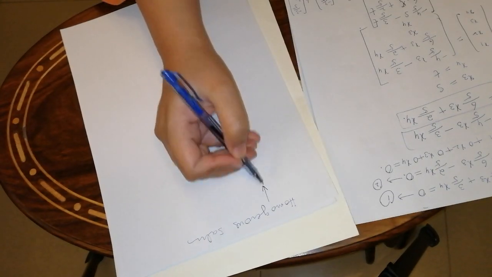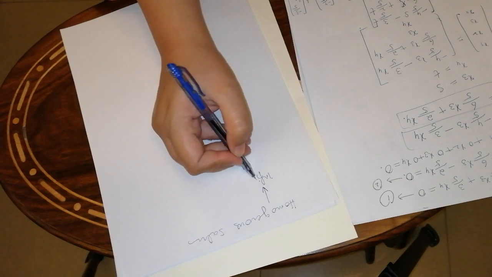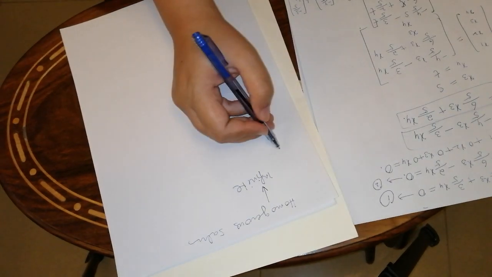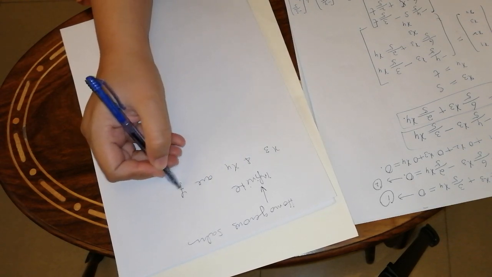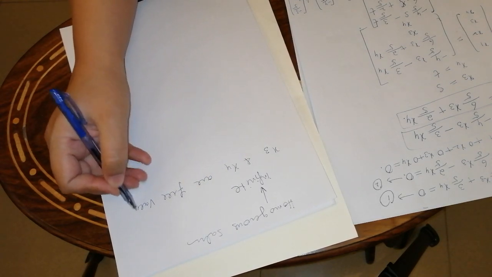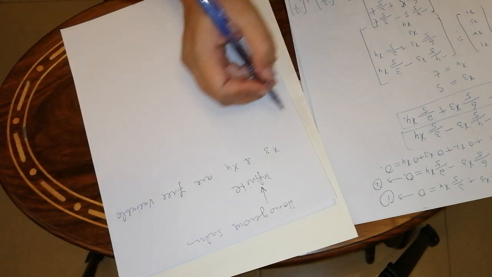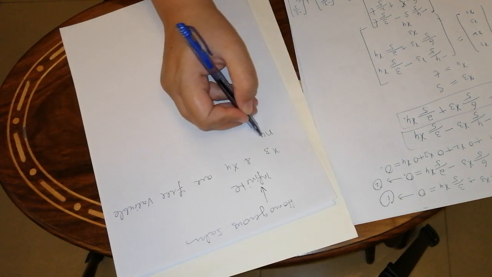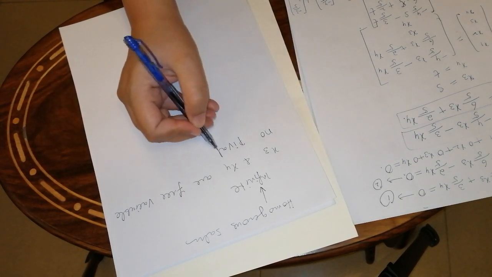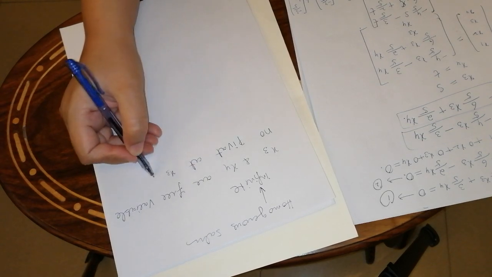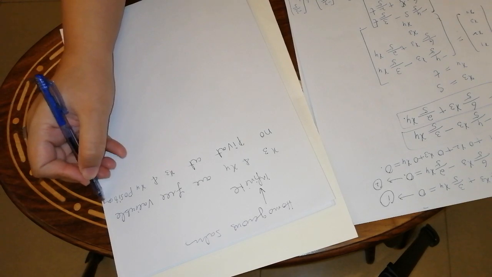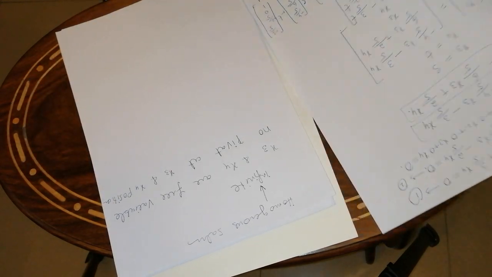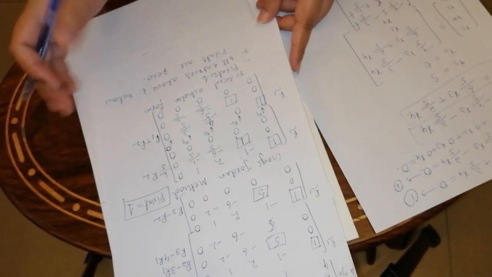Whenever there is a free variable in the solution, the solution is infinite. Here x3 and x4 are free variables, because there is no pivot at the x3 and x4 positions. There was a pivot at the x1 and x2 positions, as you can see in the solution.